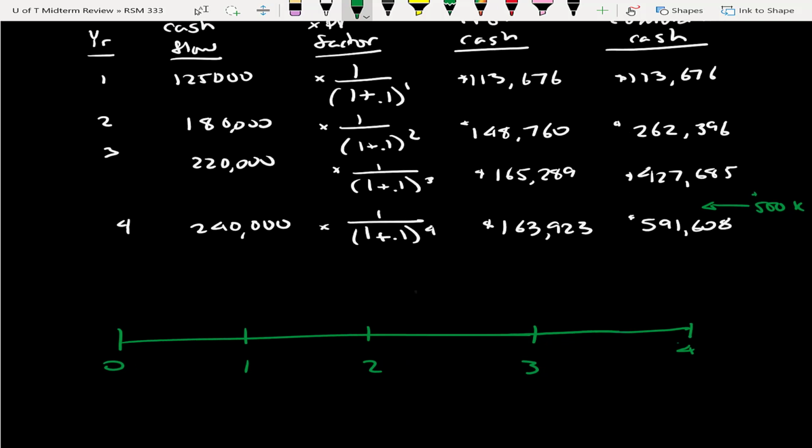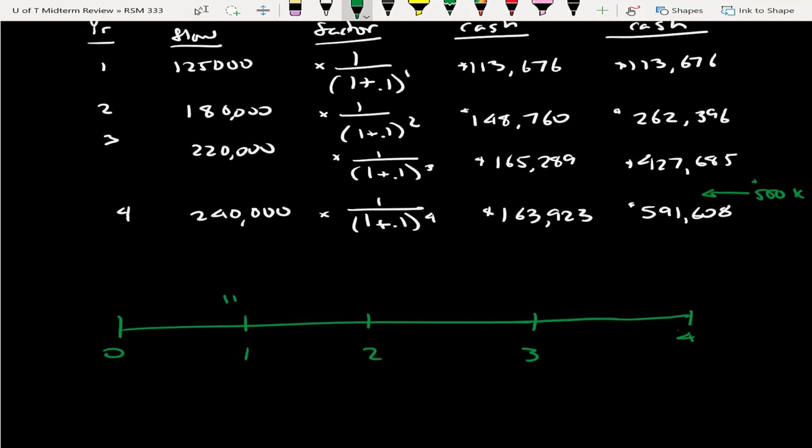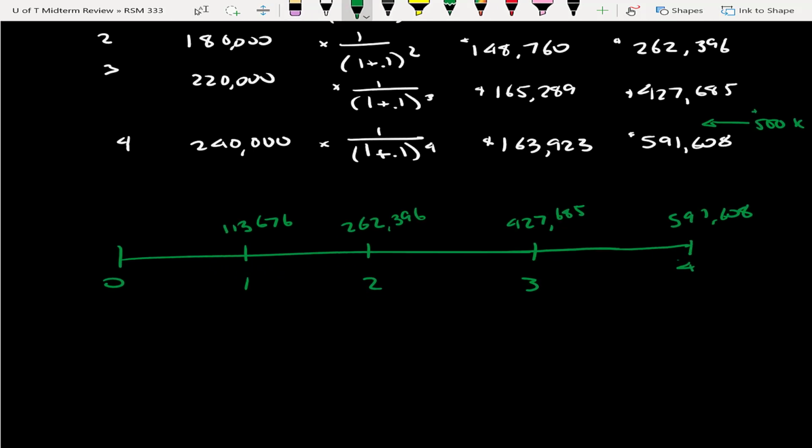So it was 113,676, then 262,396, 427,685. So now you can see it's going to be over 3 years. The last one was over 2 years. Okay, so the break even is probably going to be somewhere like around here.